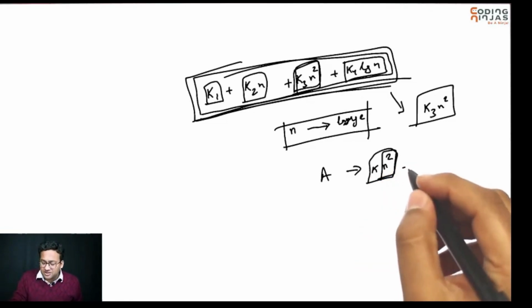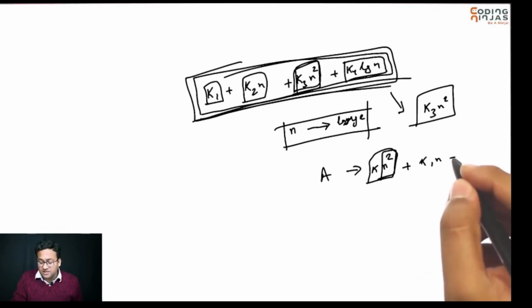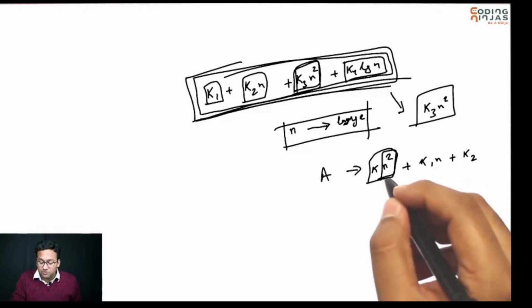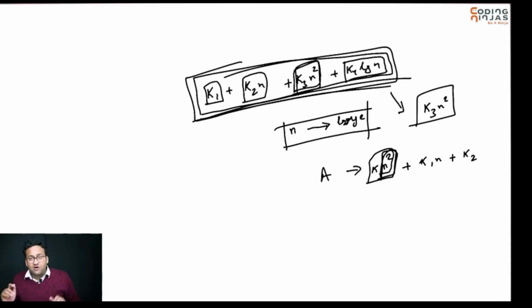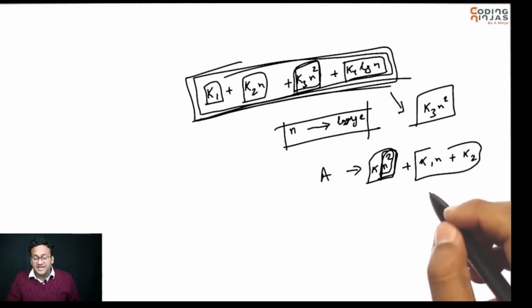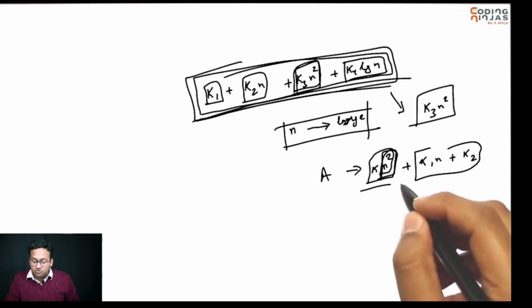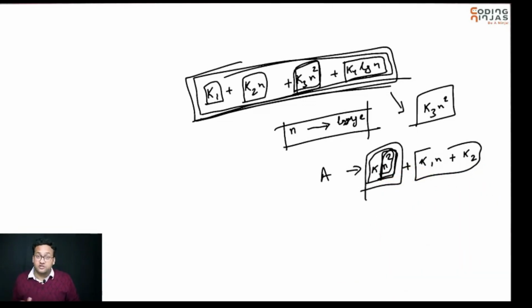Even if there are some additional factors which are smaller in degree compared to n square, we are not going to be worried about them, because as n increases in size, this is going to dominate the rest of these terms. So we just focus on the term which has the largest degree of n.